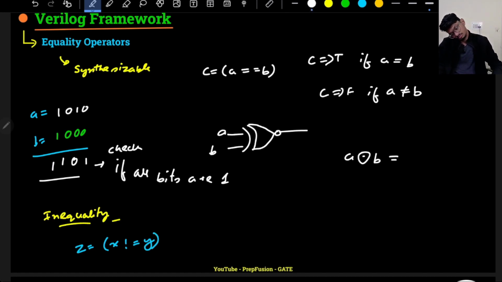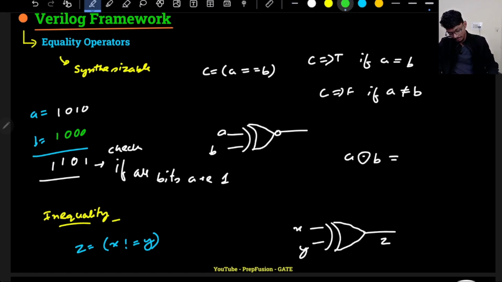So this will be XOR of X and Y. Let me take an example.